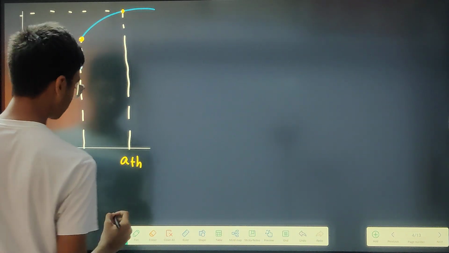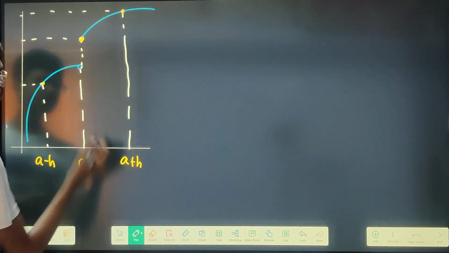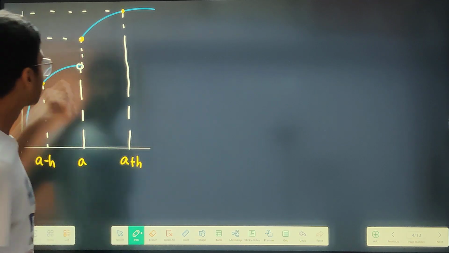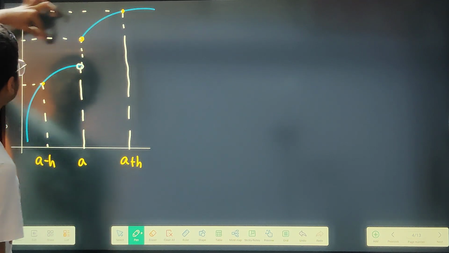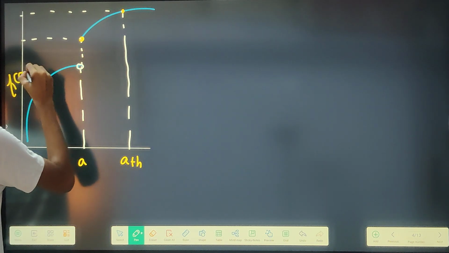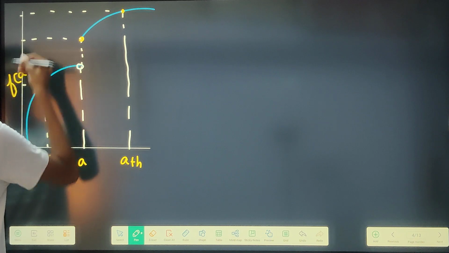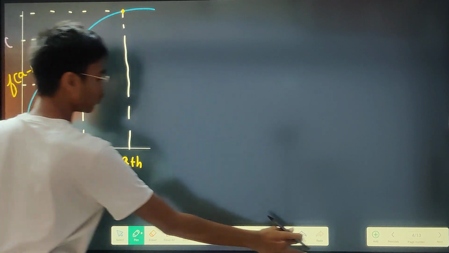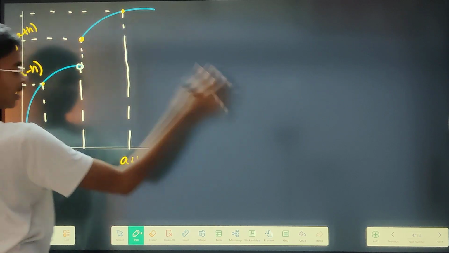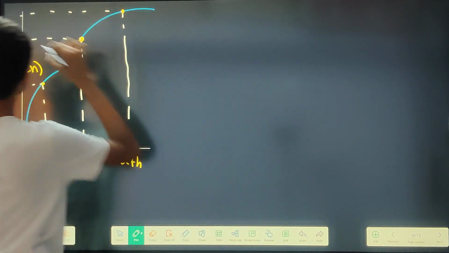Now you come here. See, here actually this is hollow circle, here only it is fully circle. So that means this point only I will have to take equated to y-axis, here also equated to y-axis, here also you have to equate it to y-axis. Then f of a minus h, then f of a plus h, sorry, a is equal to h.